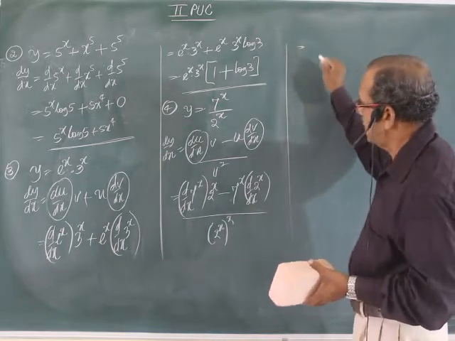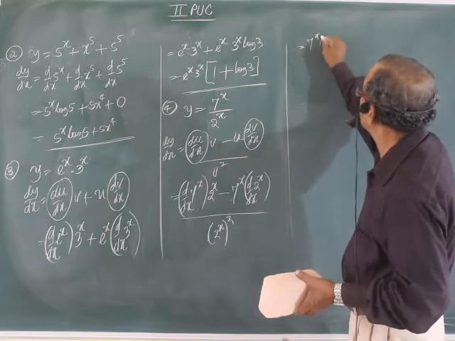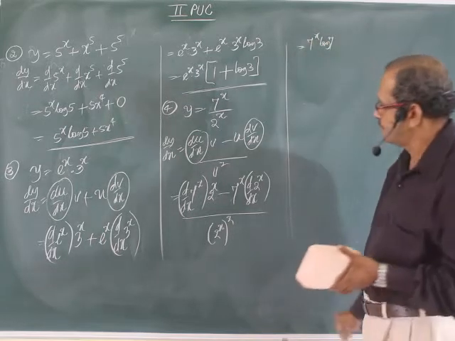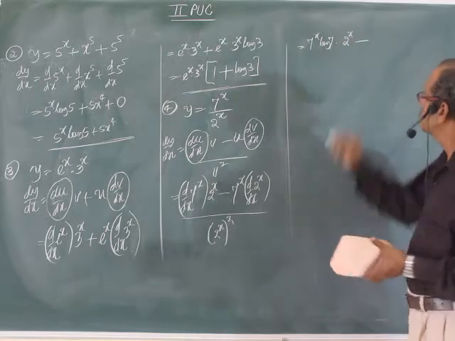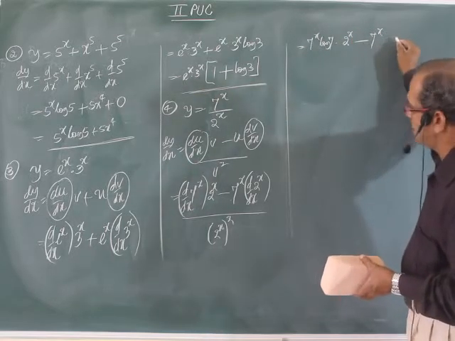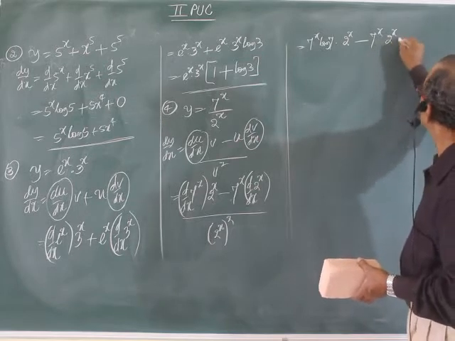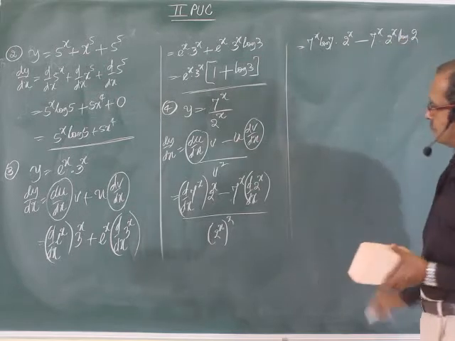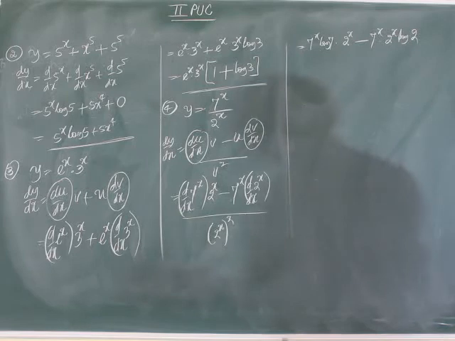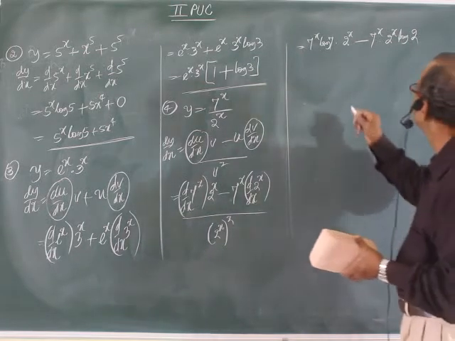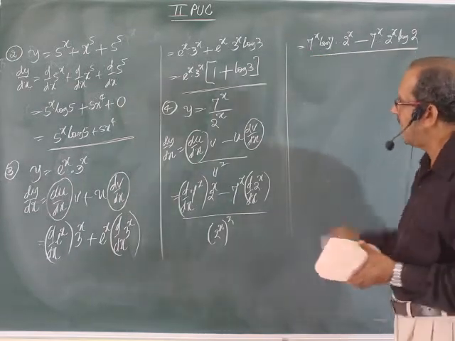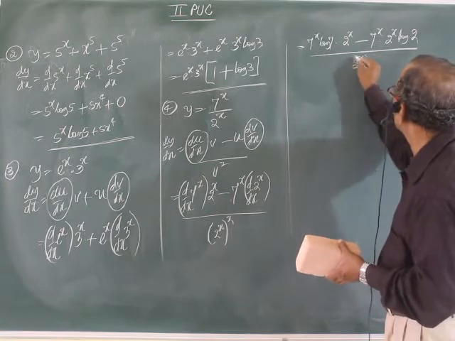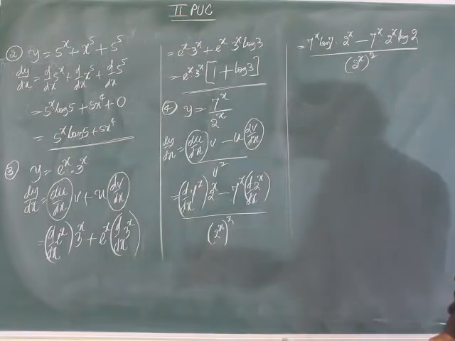Equal to, careful, 7 to the power x log 7 into 2 to the power x, 7 to the power x into 2 to the power x log 2, divided by square of the denominator, whole square.